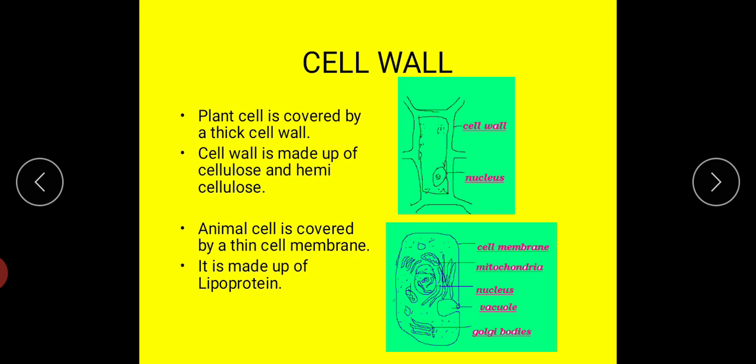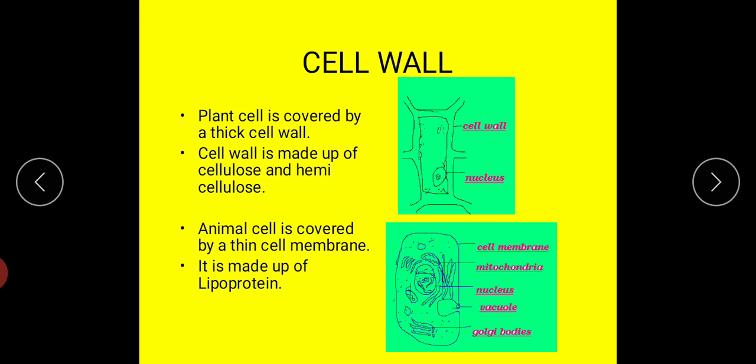The third is the cell wall. In the generalized cell discussion, we had already come across this word. The cell wall is the outer covering of the plant cell. This cell wall is thick, made up of cellulose or hemicellulose, which are types of carbohydrates.